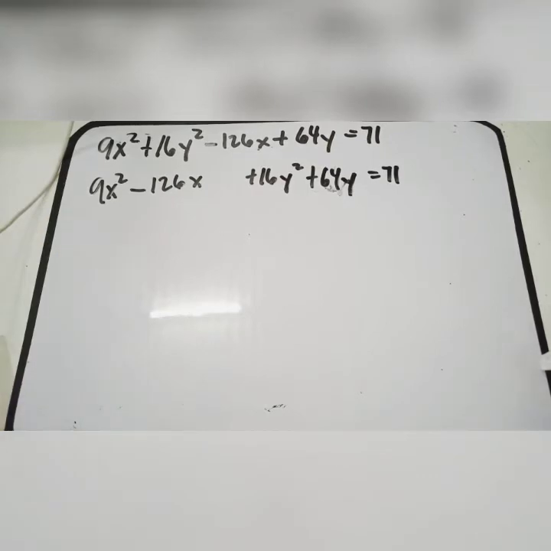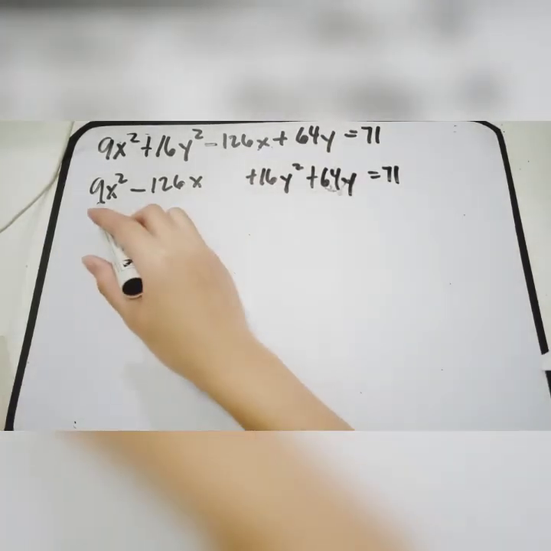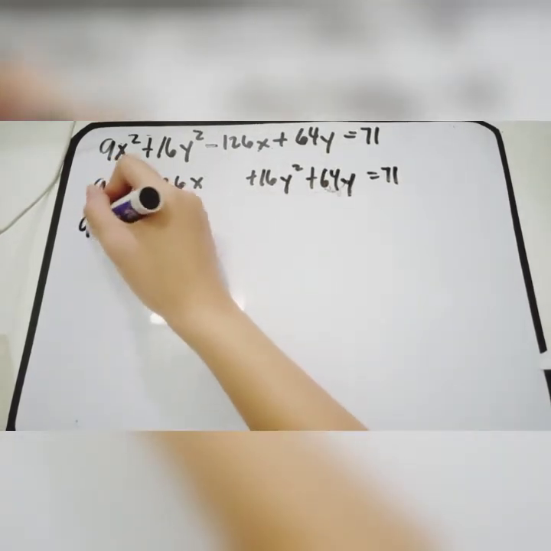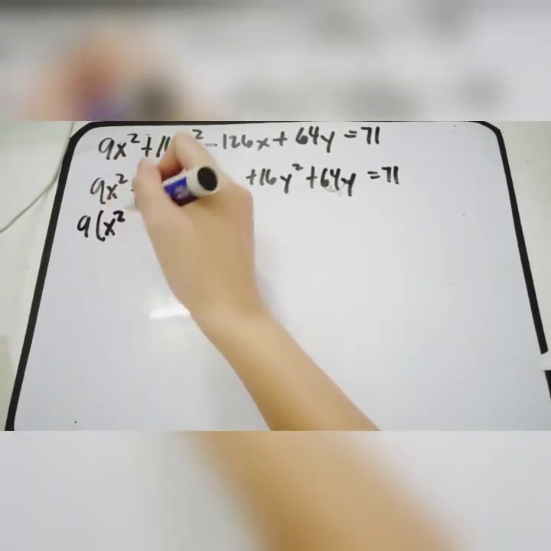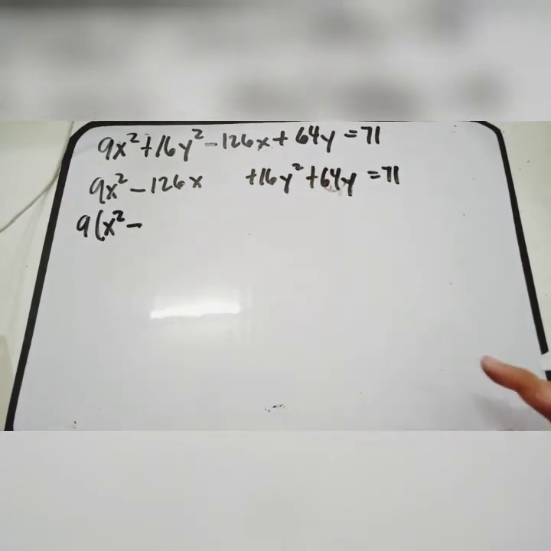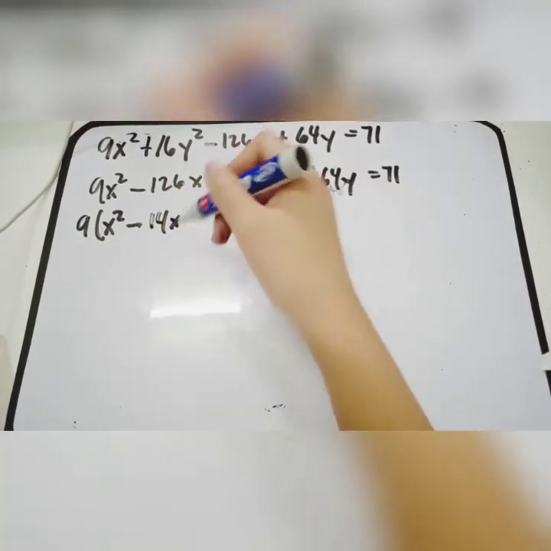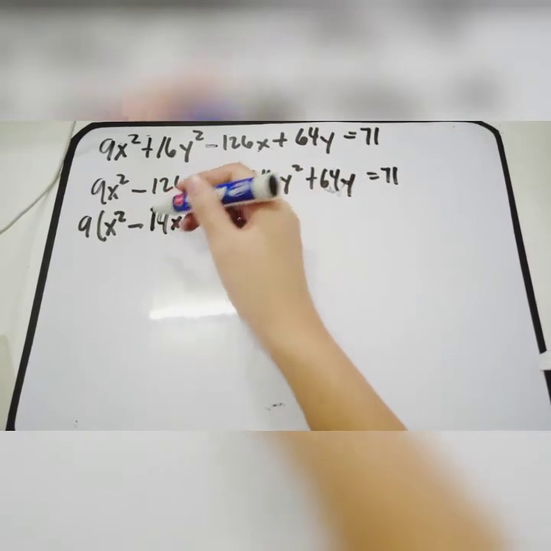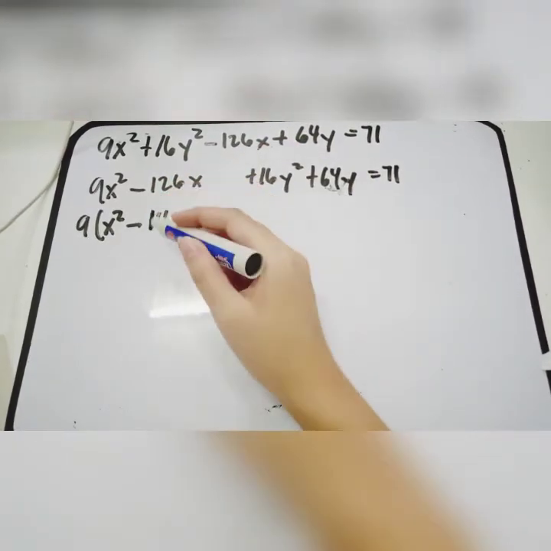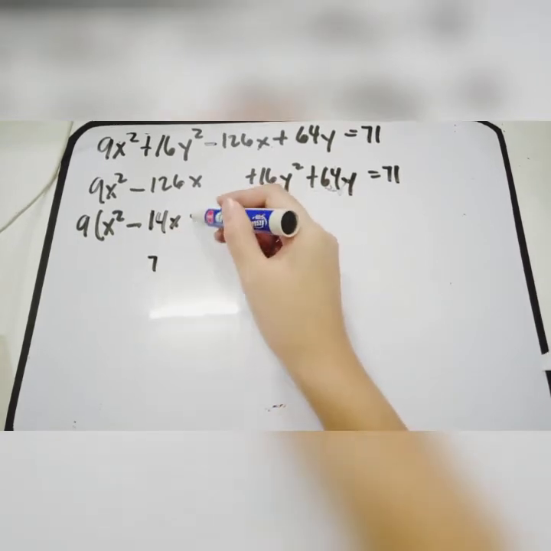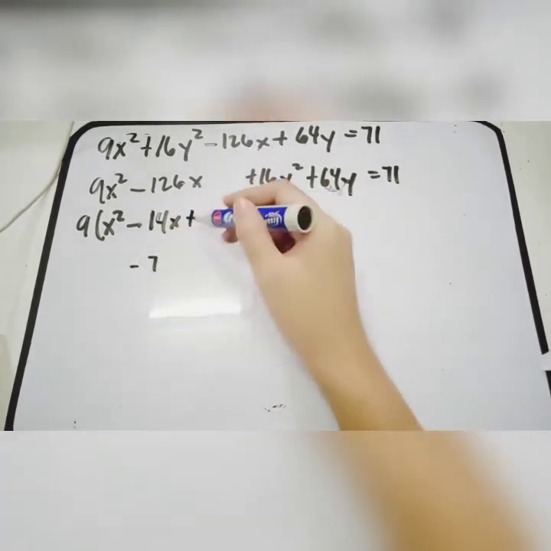So, next, let's factor out the coefficients of x squared and y squared. So, 9 x squared, and then minus, 126 divided by 9 will be 14x. So, to get the third term, divide the second term by 2 and then square it. So, negative 14 divided by 2 is 7. So, 7 squared is positive 49.